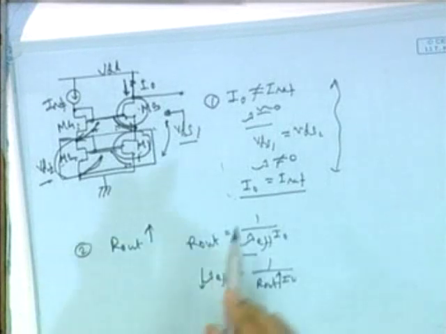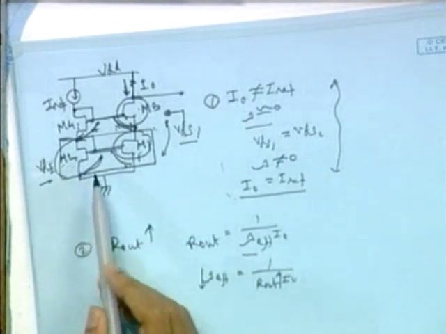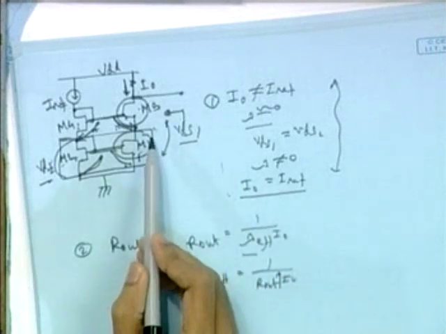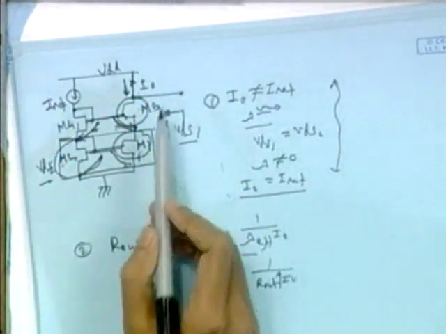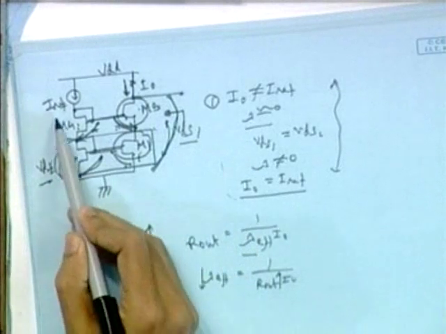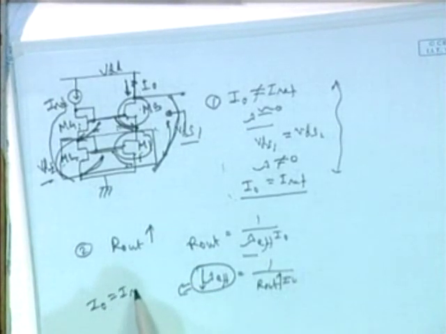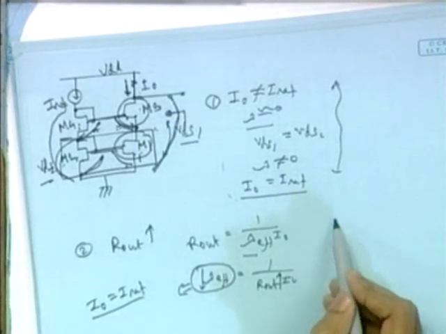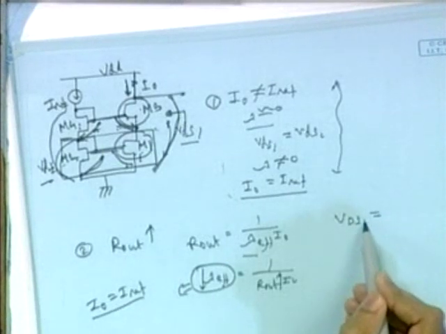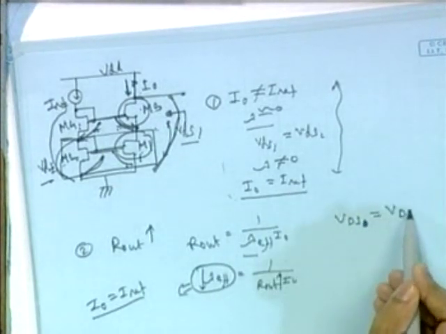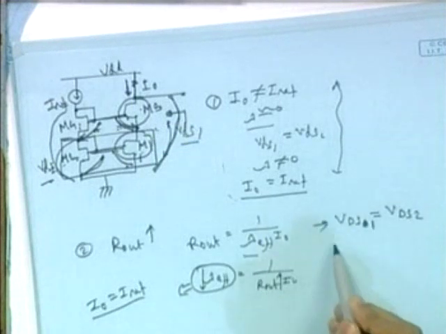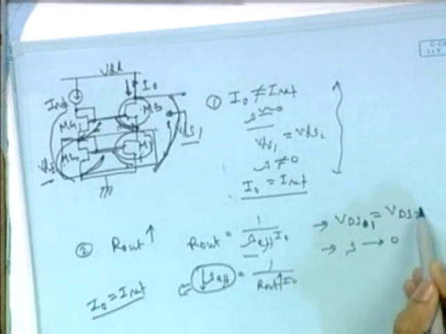So though we have a finite mismatch between this VDS and that VDS, because of this lower or almost 0 lambda effective, we will have I0 equal to IREF. Actually, we can make the lambda 0 this way.